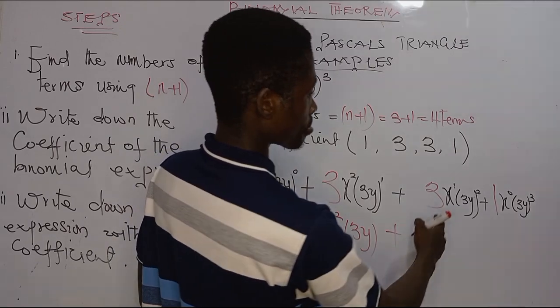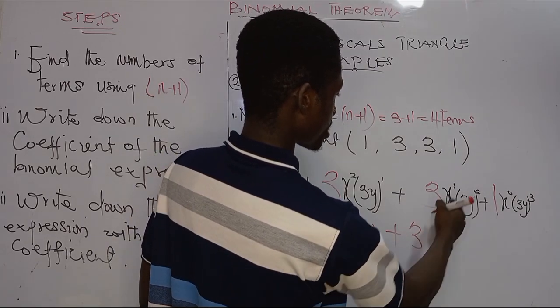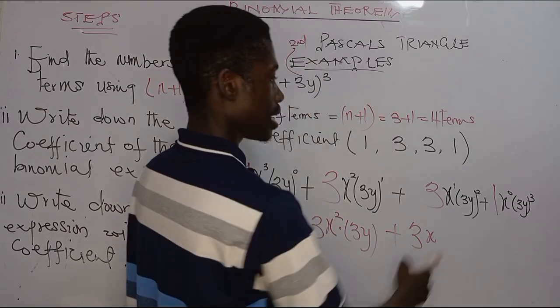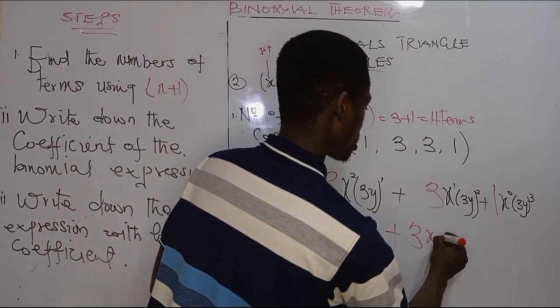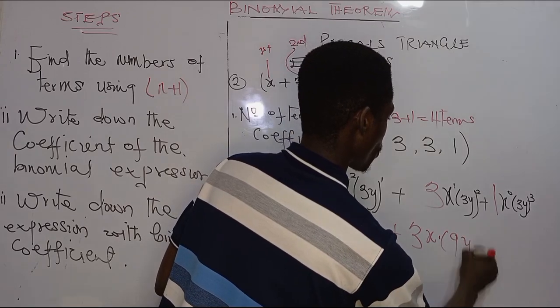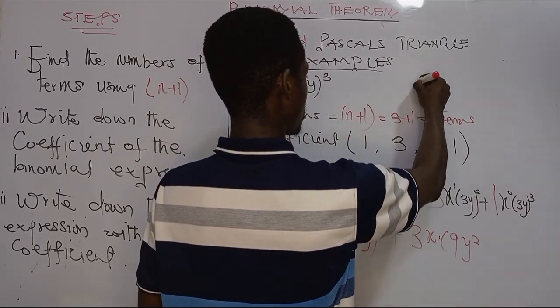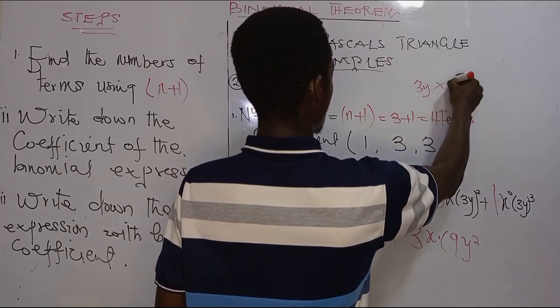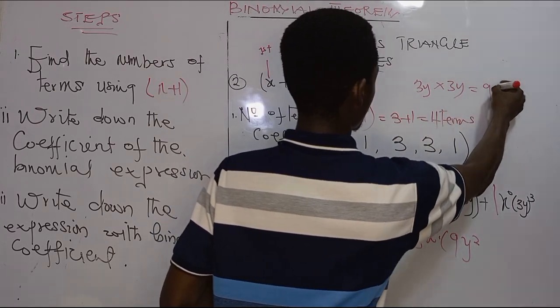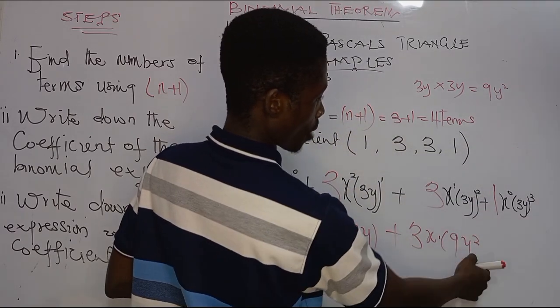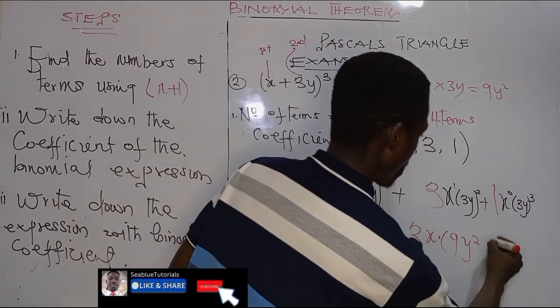And then we have 3 x power 1 is 3x, and then 3y raised to the power 2. We are going to get what? 9y squared. Now this is the same as 3y times 3y. 3 times 3 gives us 9. y times y will give us what? y squared. 9y squared. Good.